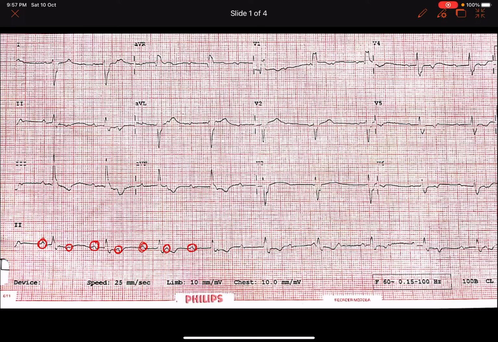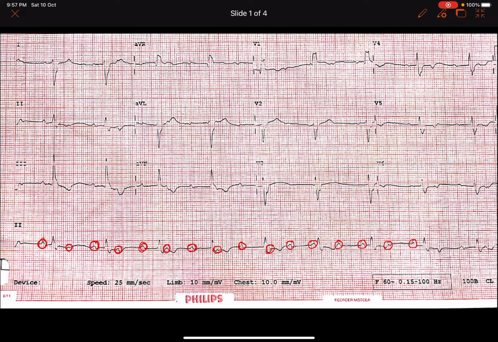The small bump, can you see here in the ST segment? This is the next P wave. This is a P wave. Here the P wave fell within the QRS complex somewhere, so it's not so clear, but the P wave is somewhere here. This is the next P wave, this is the next P wave, this is the next P wave. So these are all the P waves actually.